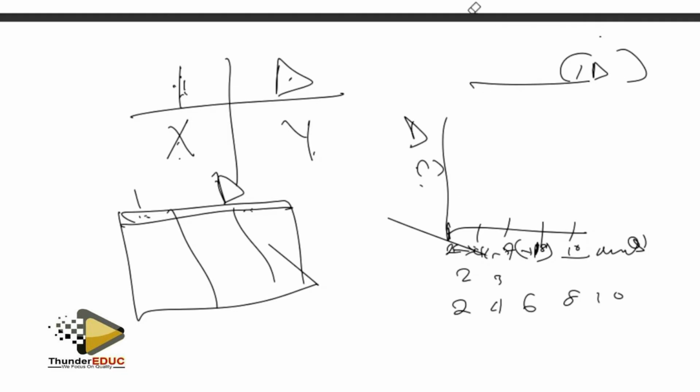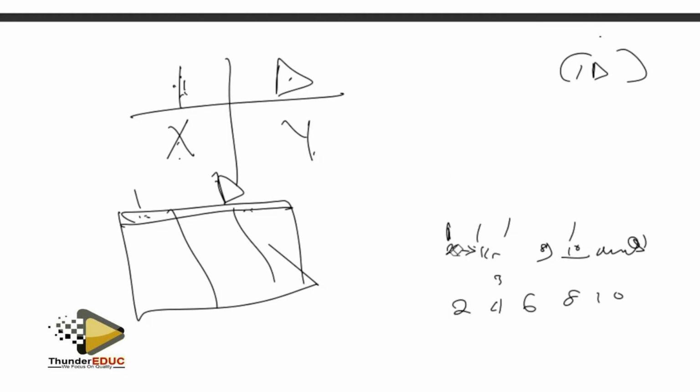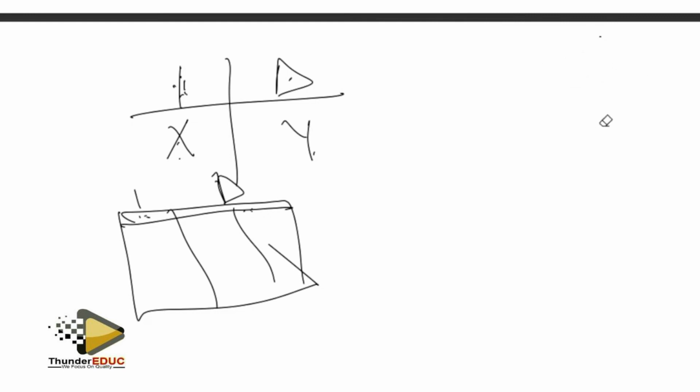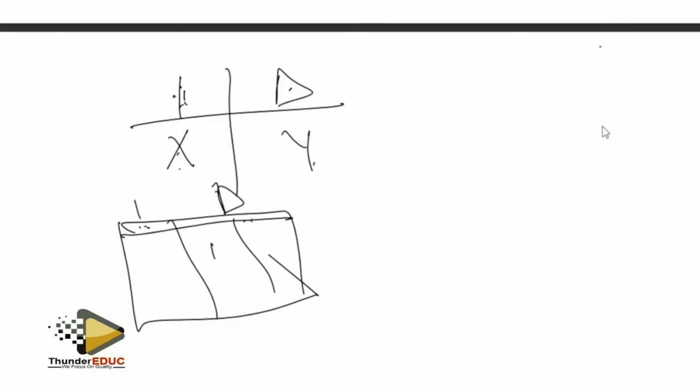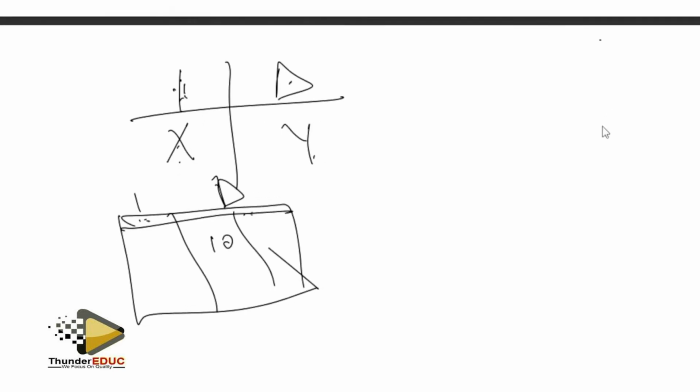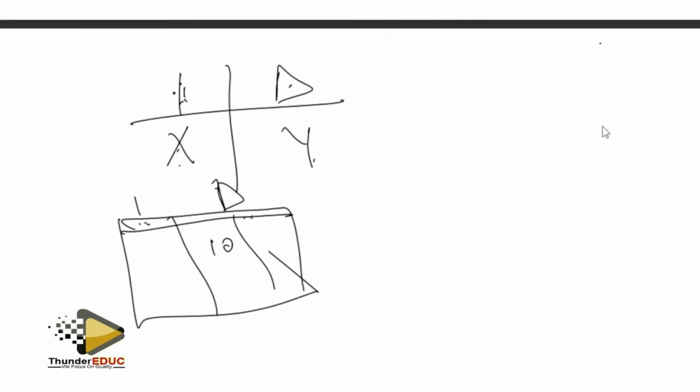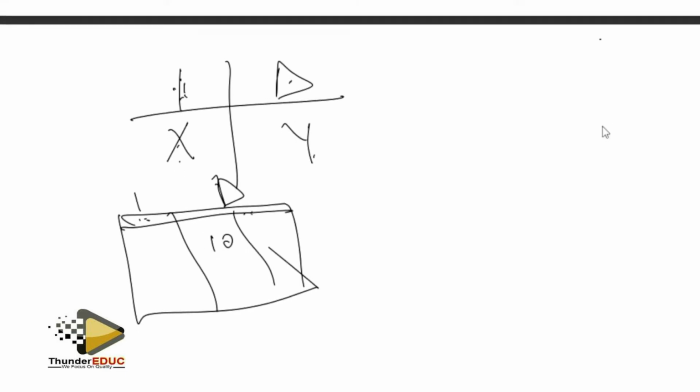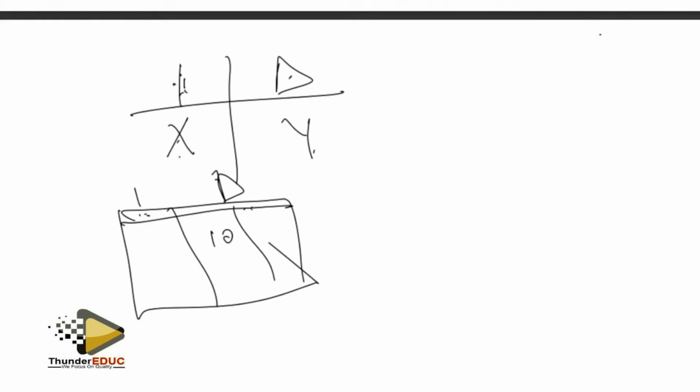So now, how do I plot and how do I draw a pie chart here? If you are drawing a pie chart, please convert this into degrees. For example, if I have maybe 10, 20, 30.